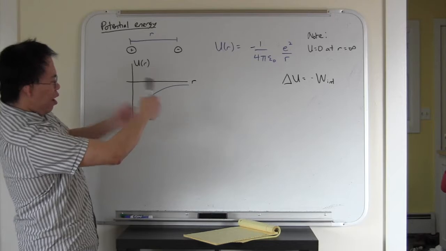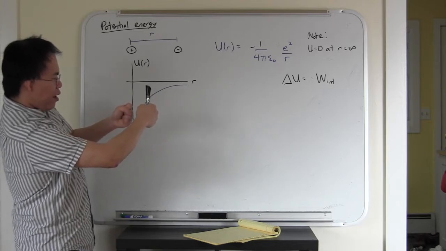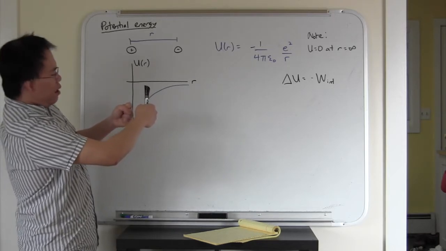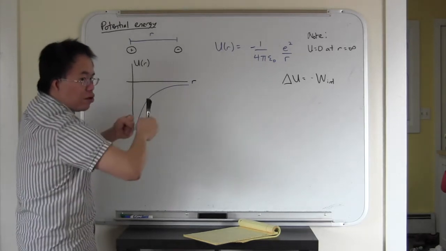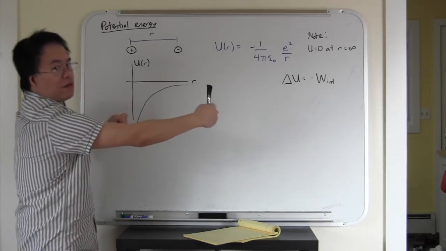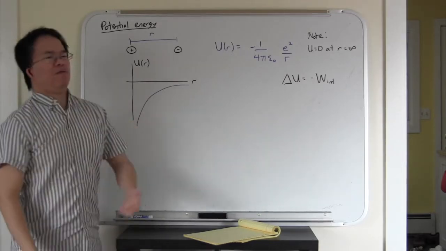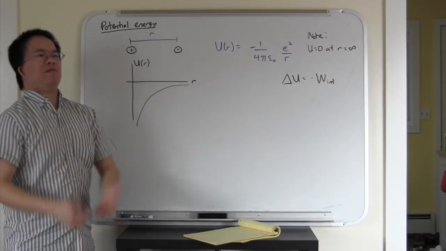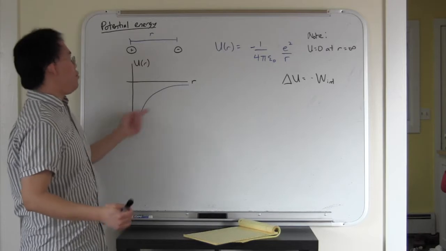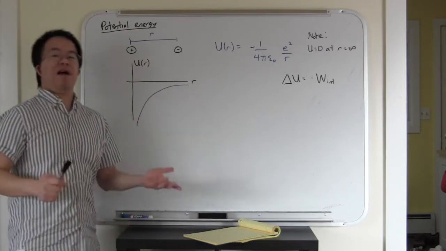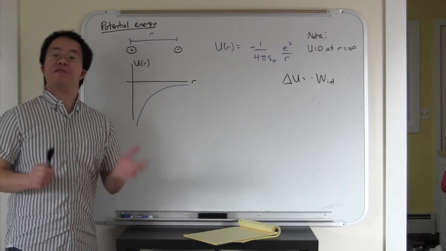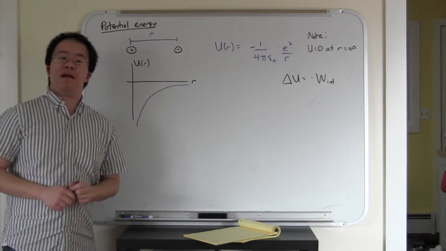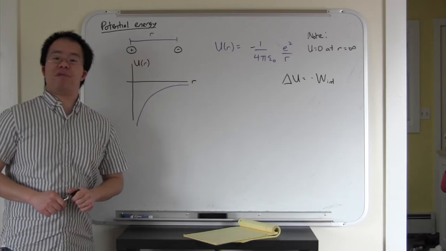If you have two opposite charges that are attracted to each other, and I try to drag these things apart, you, the external agent, have to do positive work, which is going to tend to raise the potential energy of the system, which is consistent with this picture. However, it's easier for you to think about it. If the sign is confusing, please let me know, and we can talk about that in some more detail.